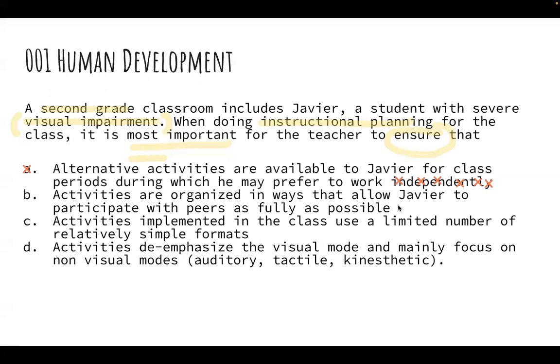And so just making alternative, different stuff for them to do later somewhere else independently, that is not inclusive to everyone. That is not allowing Javier to participate in the activities that will build other skills.